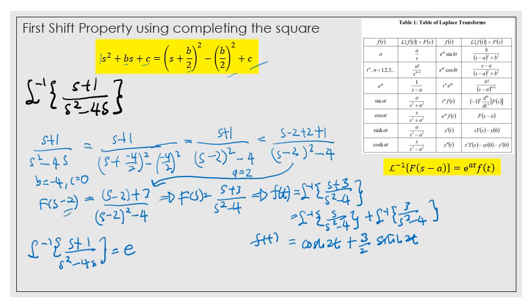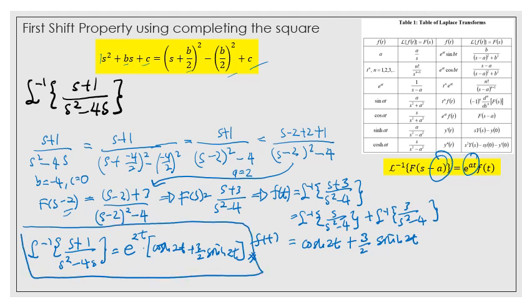This is a, so s minus 2, so we have declared 2 as our a, e^(2t) times f(t). f(t) we just copy: cos 2t plus 3 over 2 sinh 2t. Okay, so this will become our final solution.